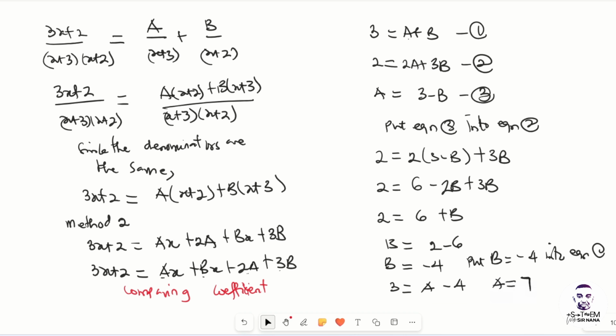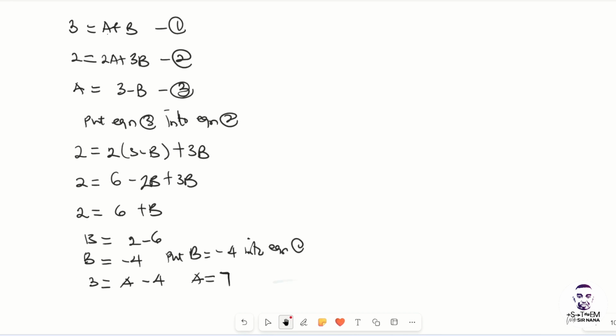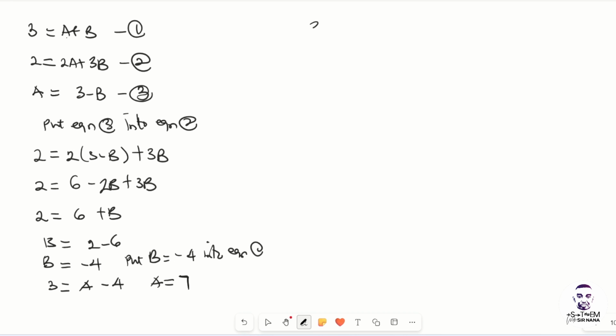So therefore we can write our expression as 3x plus 2 all over x plus 3, x plus 2, with x plus 3 as one factor and x plus 2 as another factor, to be equal to, right, a is 7, so 7 all over x plus 3, then minus 4 all over x plus 2.